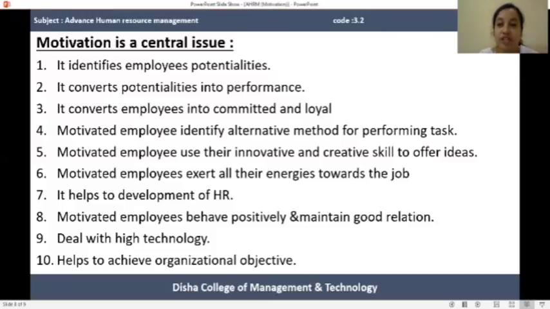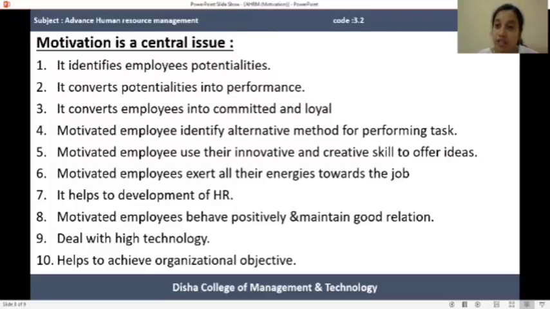Next, motivation helps the employee to behave positively and maintain good relations. It means if the employee is positively motivated, he is always satisfied with the organization, and a strong positive image is created in the minds of the employees regarding the organization. So he always behaves in a positive manner and tries to maintain a good relationship with the organization.